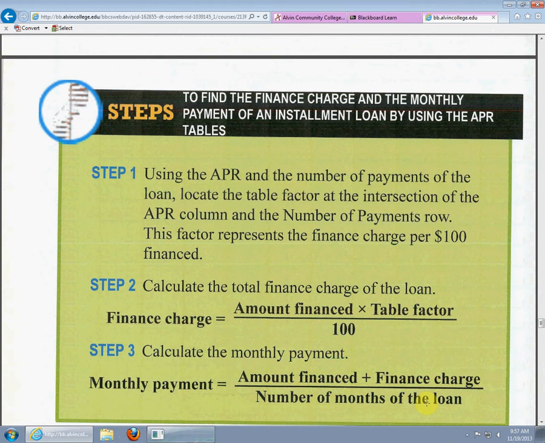So we do amount financed times the table factor divided by 100 to get the finance charge. Then calculate the monthly payment by taking the amount financed plus the finance charge from step 2, divided by the number of months of the loan. So those are at the top of page 434, and let's try this problem.